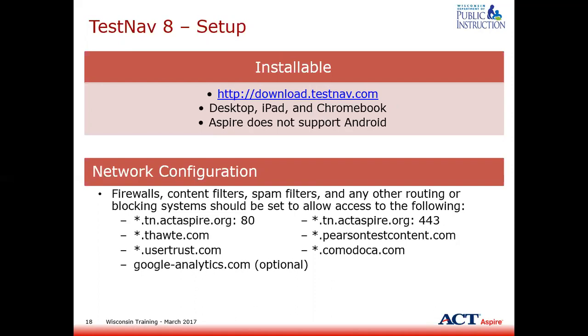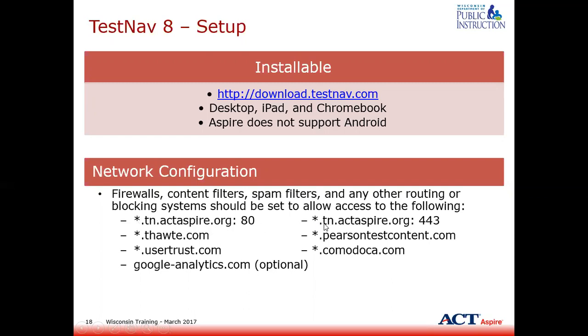You need to make sure that the configuration is set to allow access to get through your network. So this asterisk is actually a wildcard, but it's also helpful in that these are all required for you to set up.